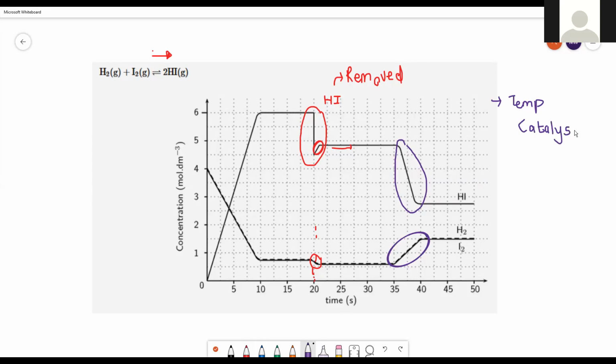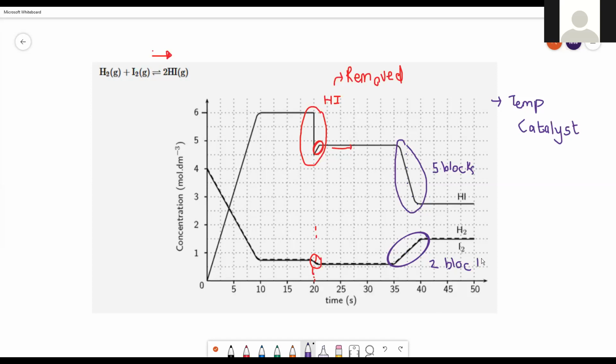Is there an equal change, or is there different? If you look at it, your products decrease 1, 2, 3, about 5 blocks, okay? And your reactants increased about 1, 2 blocks, okay?